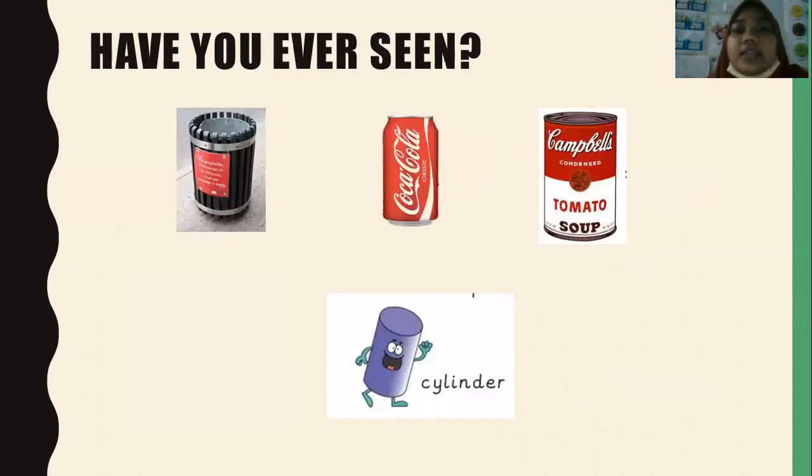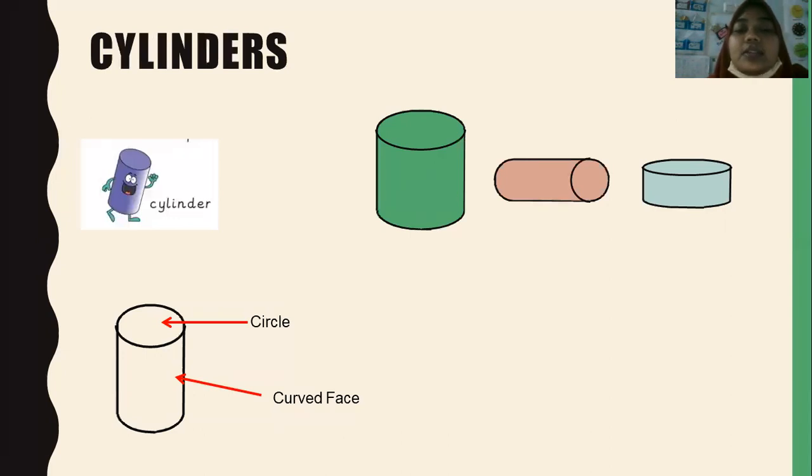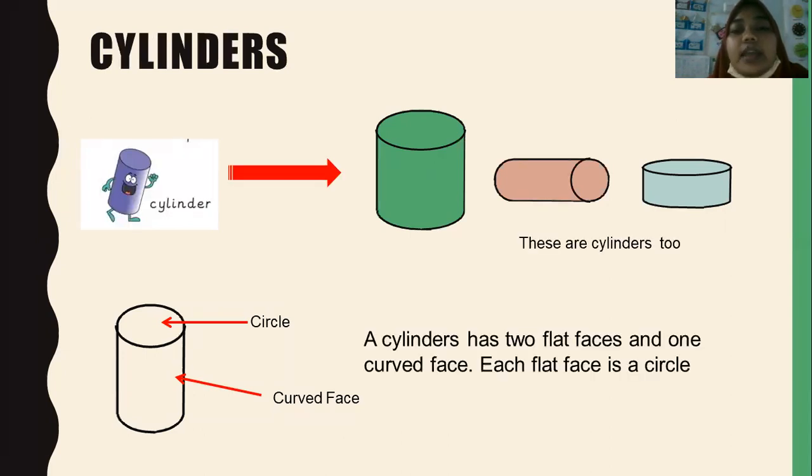And the last is, have you ever looked at a trash bin or a can like this? All of them we call a cylinder. A cylinder consists of two kinds of faces. The first is a flat face and the second is a curved face.